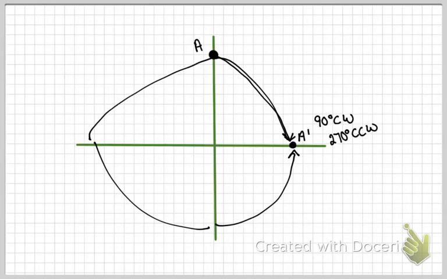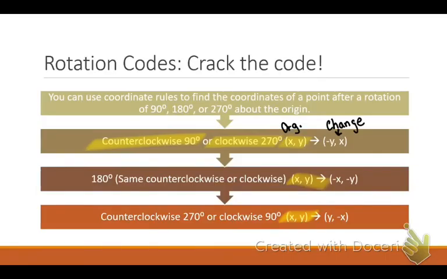So that's why it's the same ordered pair. I'm going to go back to your codes. That's why counterclockwise 90, one turn to the left, is the same thing as 3 turns to the right. Sort of makes sense?